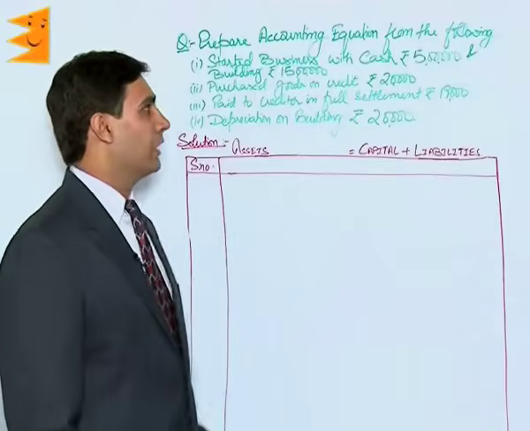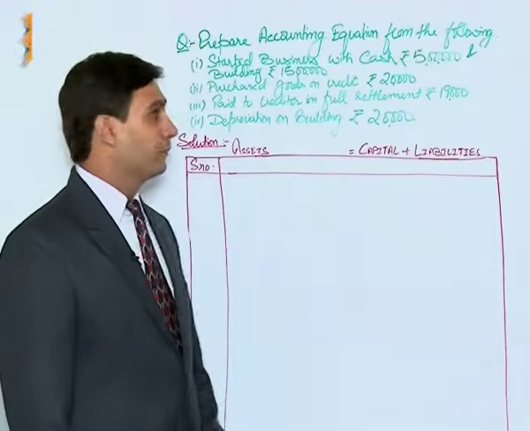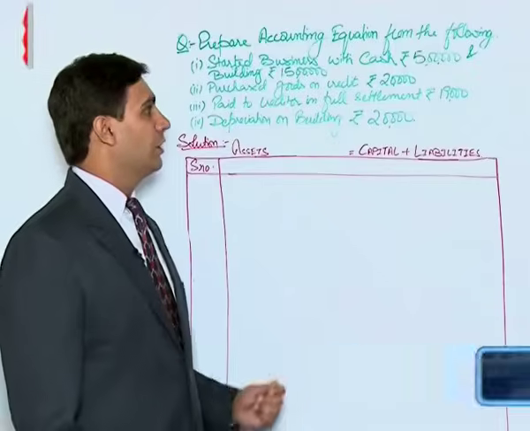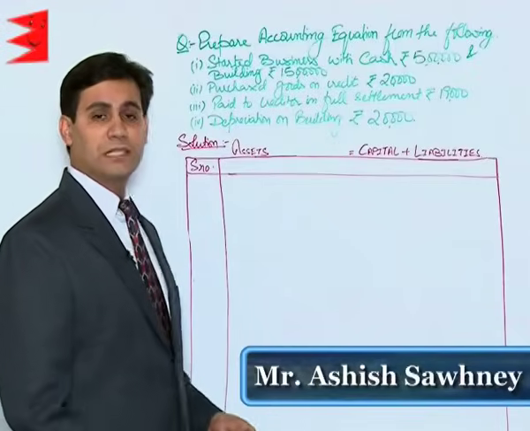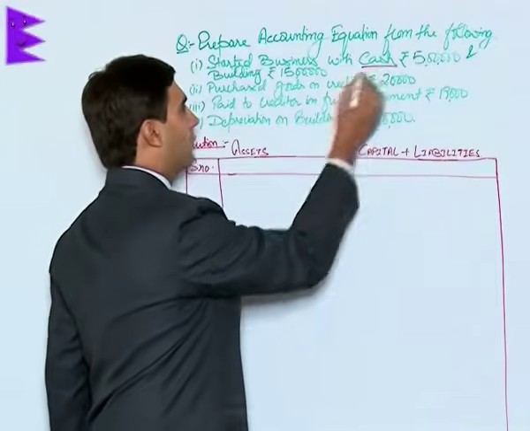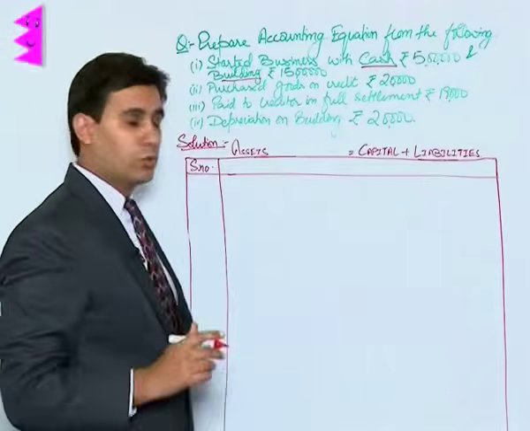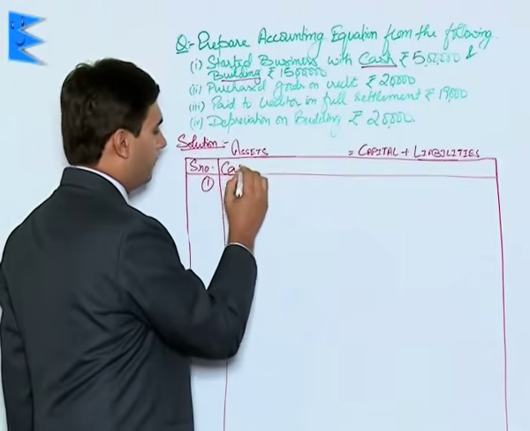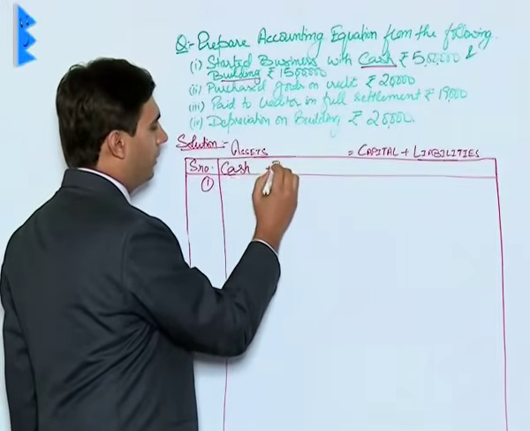Let us consider the accounting equation through another example. Now students, the first transaction here is started business with cash rupees 5 lakh and building worth rupees 15 lakhs. That means the owner is bringing in cash and building. Both of these are assets, so under the asset column, we will create a sub column for cash and another column for building.